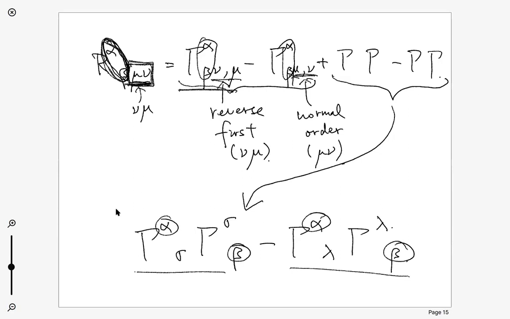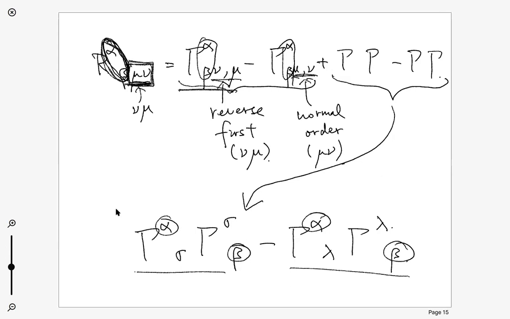Some books would use the same symbols here. So instead of lambda, they would also use a sigma here. But I'm using lambda here just to emphasize that they are talking about different things. They are different terms. But actually, it's also okay if you use sigma instead of lambda here.